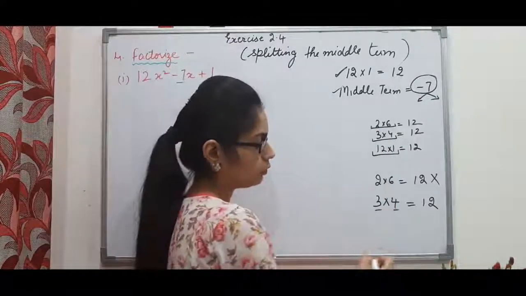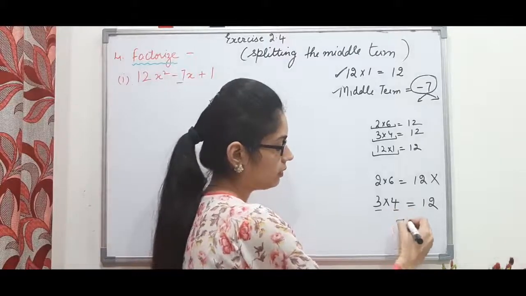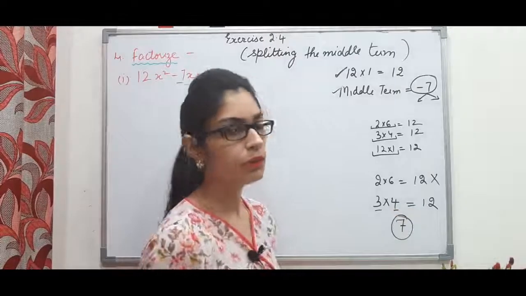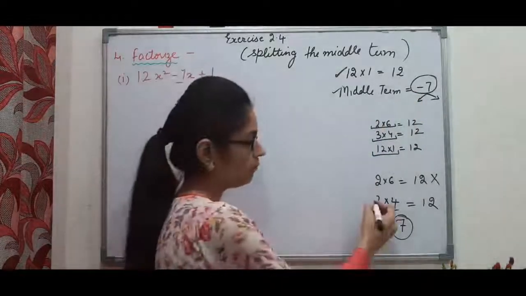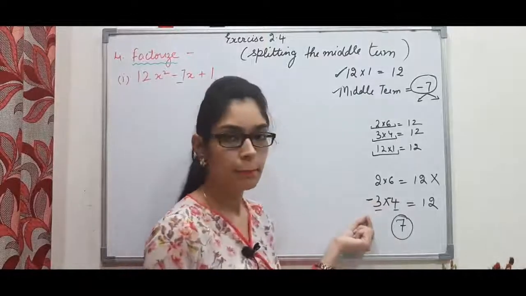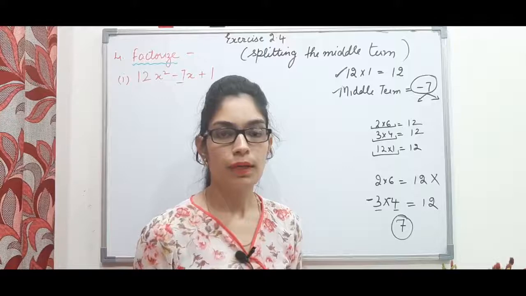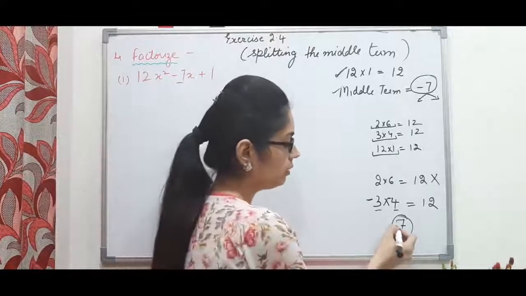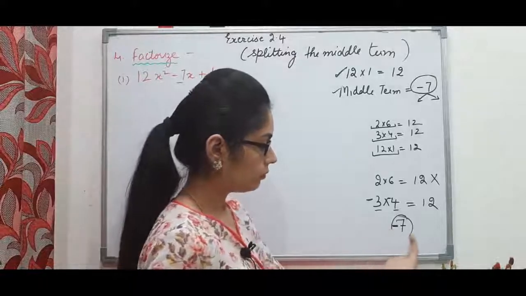So let's add these two. 3 plus 4, it is 7. Yes, I am closer to it, I can see, but I need minus 7. So what I will do, I will just write a sign of minus with both the numbers. So I will take minus 3 and minus 4 because I know minus and minus it is plus and the sign with a negative, or you can say with the minus sign.